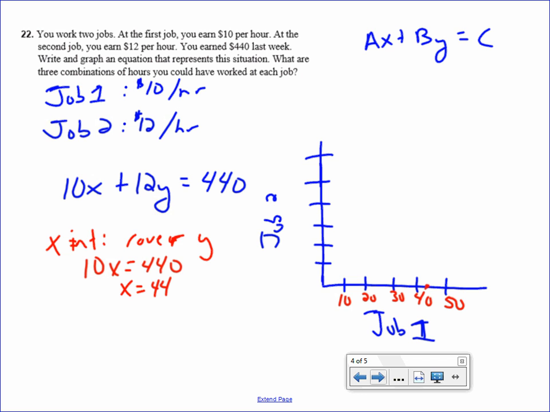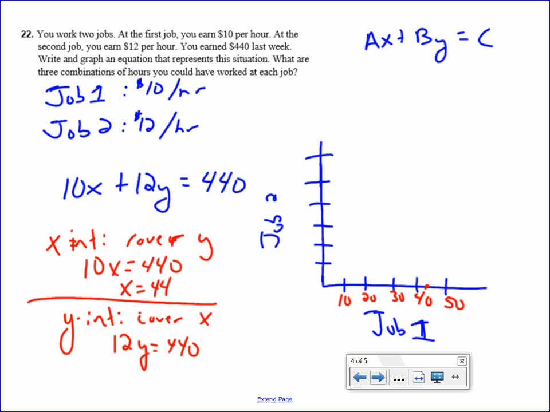And then if I went and found my y-intercept, cover the x, and you'd have the equation 12y equals 440.